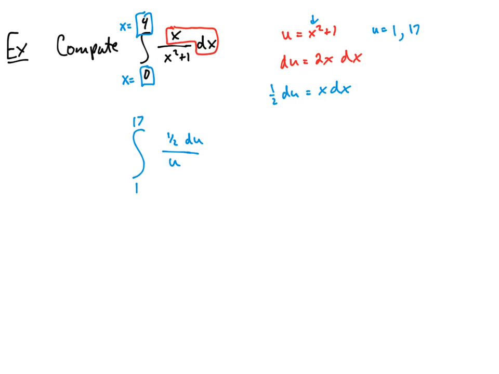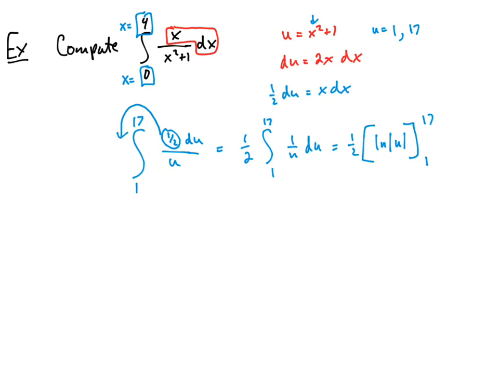Okay, the last thing I'm going to do before I evaluate this integral is bring this 1/2 out. So 1/2, the integral from 1 to 17 of 1 over u du. All right, the antiderivative of 1 over u is the natural log of u. So this will be 1/2 the natural log of u, I'm going to write that in absolute value, and then we're evaluating that from 1 to 17.